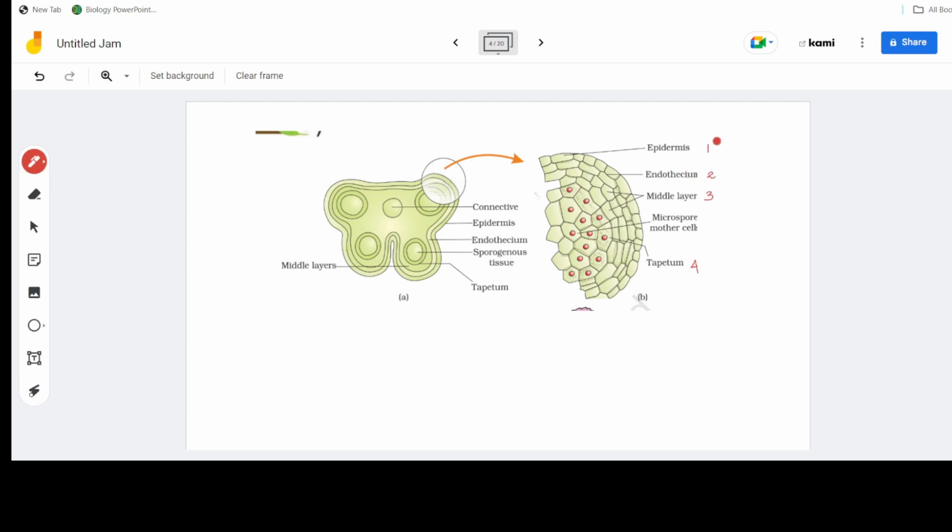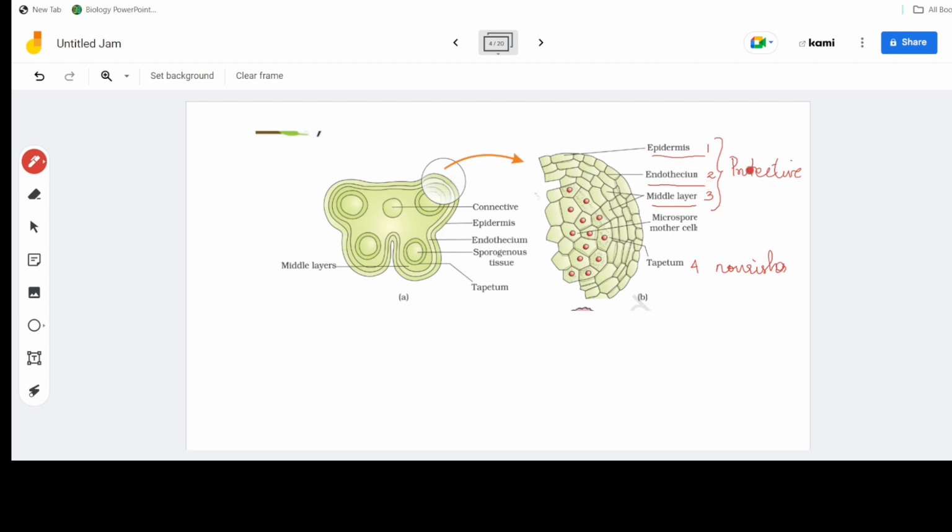These first 3 wall layers are protective in function. Their function is to protect, and the innermost layer, the tapetum, helps in nourishing the developing gametophyte. It nourishes. The outer 3 layers, epidermis, endothecium and the middle layers, are protective in function.